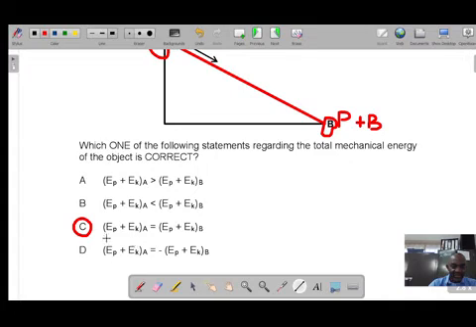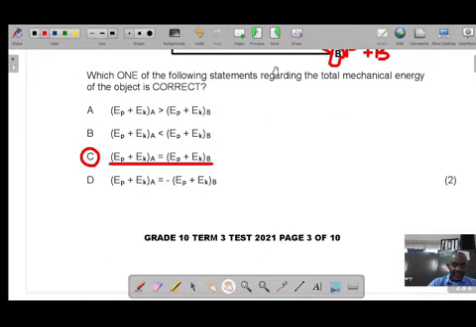Now this one shows the principle of conservation of what? Of mechanical energy, as long as the system is isolated. Let us proceed, guys. Let us proceed to see what's next. Okay. Next page.